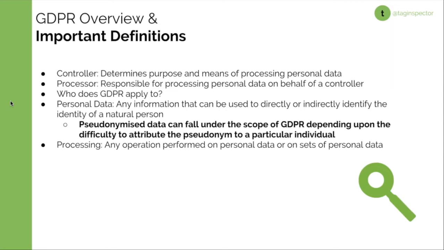So even if you have a quote unquote anonymous unique identifier for an individual, such as maybe you're hashing an email address and sending that up to your DMP, or with analytics, you're going to have an anonymous unique identifier collected for an individual. That can still fall under this definition of personal data, depending upon what you're doing with it.